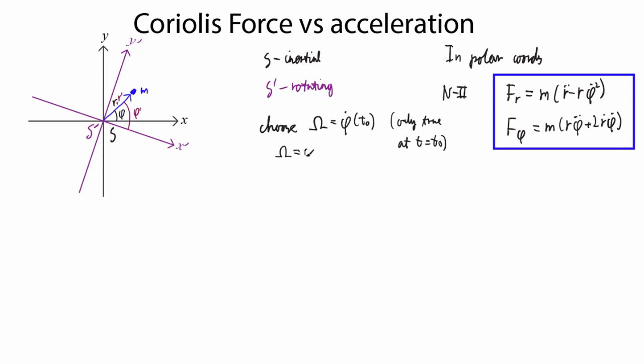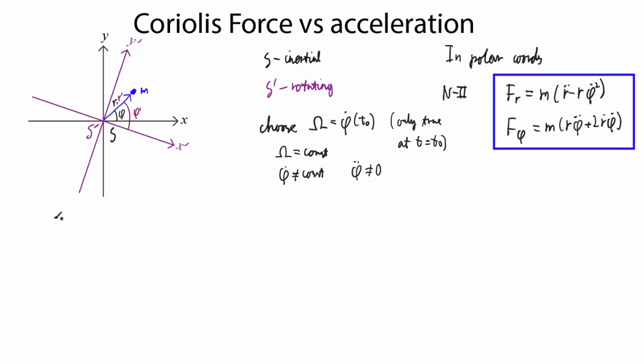This means we can take omega to be constant. However, phi dot does not have to be constant. So we can have phi double dot different from 0. So this has some interesting consequences.